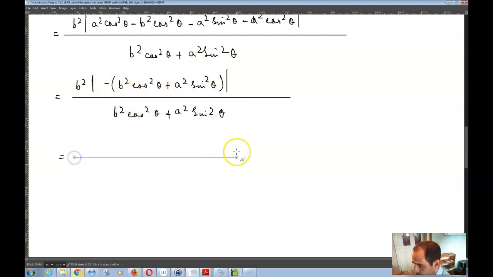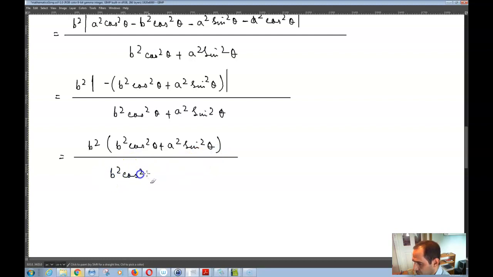So you can write this as b squared times b squared cos squared theta plus a squared sine squared theta over b squared cos squared theta plus a squared sine squared theta. And you can cancel these two out and you'll be left with b squared, which is what we wanted to show. So that's basically that.